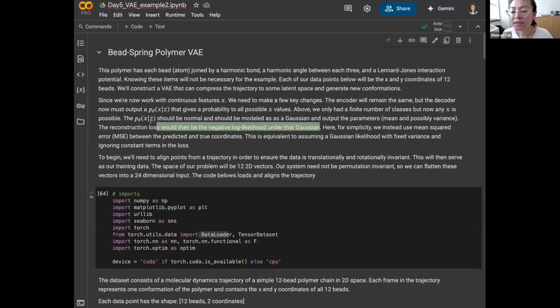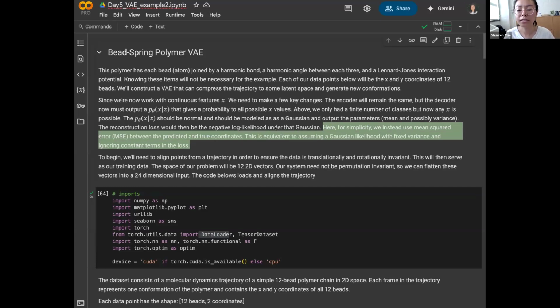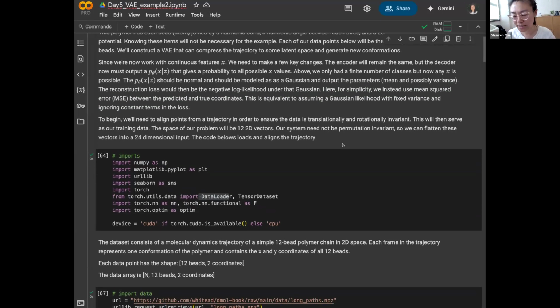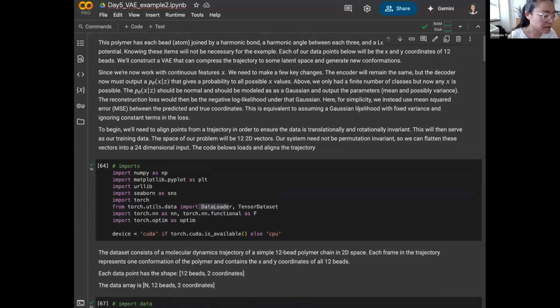The P of X given Z should be normal, and we could have implemented this negative log likelihood. In this particular example, though, we just used an MSE, which has that fixed Gaussian variance. So that is an approximation, and we're not using the true negative log likelihood version of this. You can do that, we can implement it. I don't think it'll make too much of a difference for this data set, small anyways, if that's the part of the confusion you're asking about.